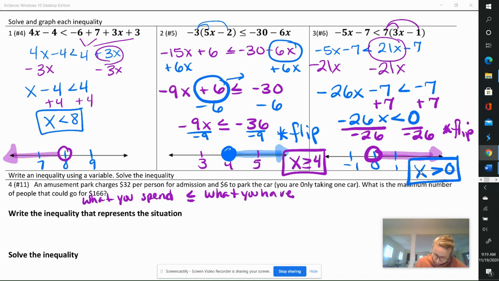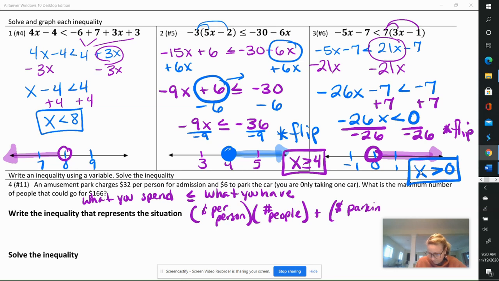To set this up, we want to take the cost per person, multiply that times the number of people, add the one-time fee to park the car, and we know this has to be less than or equal to our total amount.